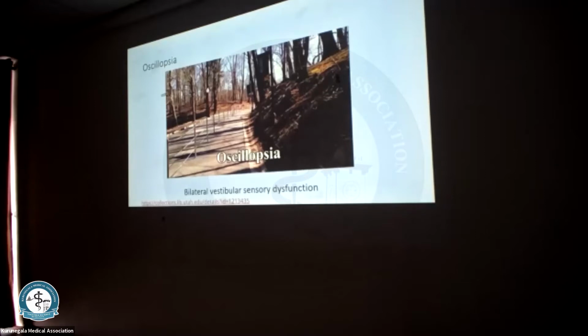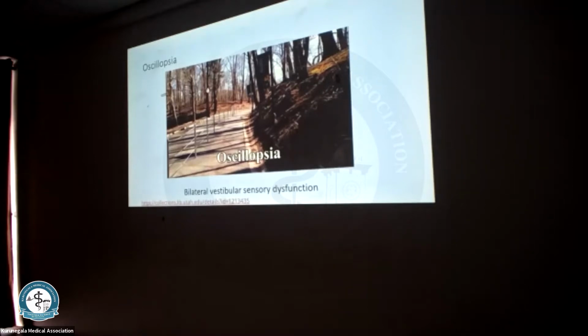Usually the vestibular system, when your head is moving, operates to influence the eye movements to make compensatory movements and stabilize the visual field on the retina. So when the vestibular function is not there, this does not happen, and this oscillopsia happens.